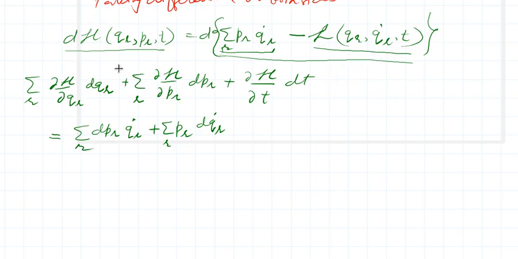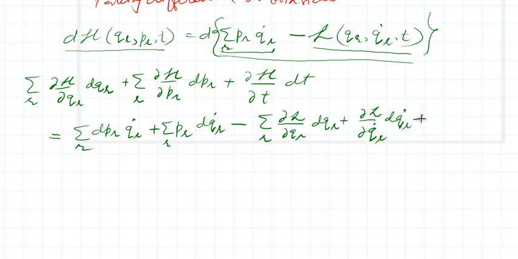This is also like this term, so a negative sign will be there. So minus summation over R, curly L over curly QR dQR, plus curly L over curly QR dot dQR dot, plus curly L over curly T into dT. This is the part which I have written here.